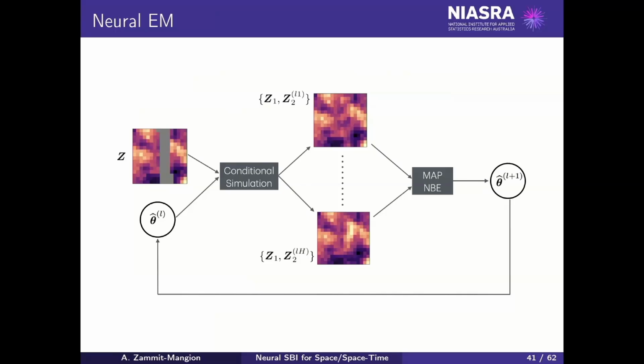But if you don't know this, you could train a diffusion, like we talked about before. You generate lots of samples. These are independent and identically distributed. You do a MAP estimate, it's maximum a posteriori, and we approximate that with a neural Bayes estimator. And then you just keep on going round and round until you get convergence. And this is robust to the type of missingness that you have in your data.